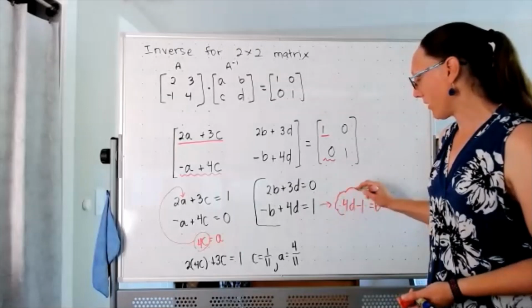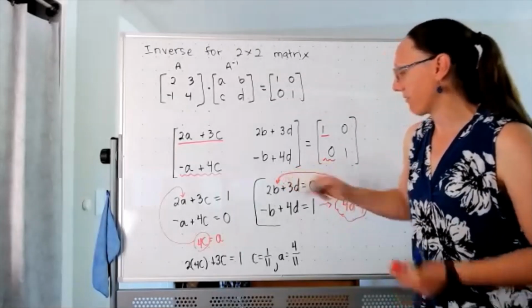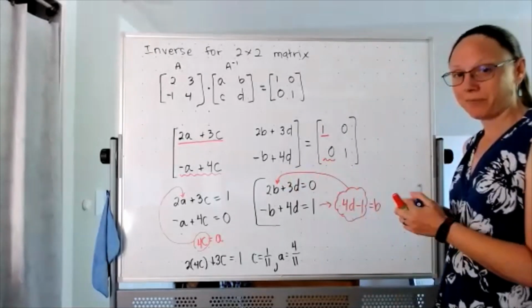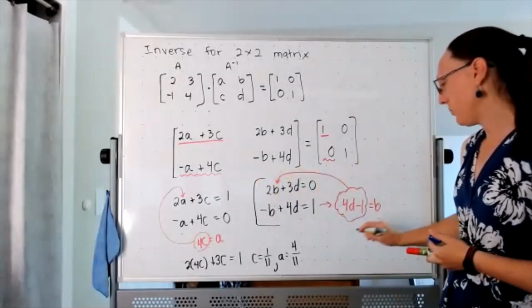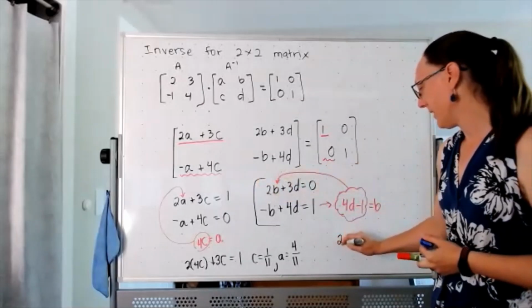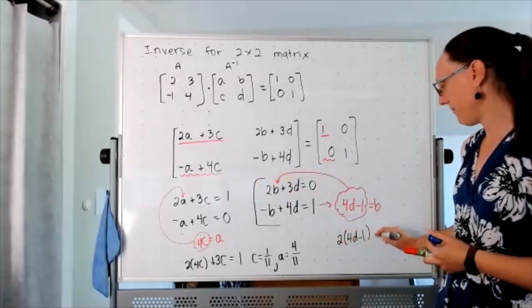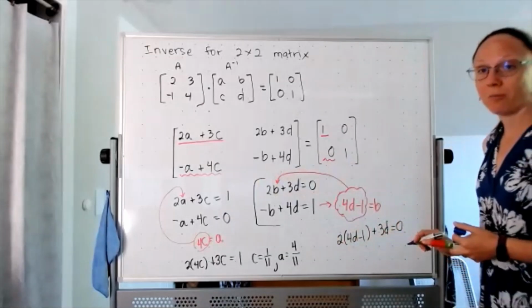So that 4d minus 1, I can plug in here for b. Well, when I do that, then that top equation would turn into 2 times 4d minus 1 plus 3d is equal to 0.